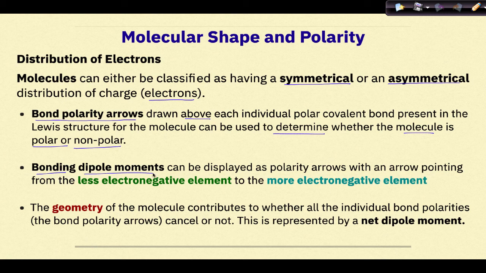Bonding dipole moments can be displayed as polarity arrows, with an arrow pointing from the less electronegative element to the more electronegative element. The geometry of the molecule contributes to whether all the individual bond polarities, in other words, the bond polarity arrows, cancel or not. This is represented by a net dipole.